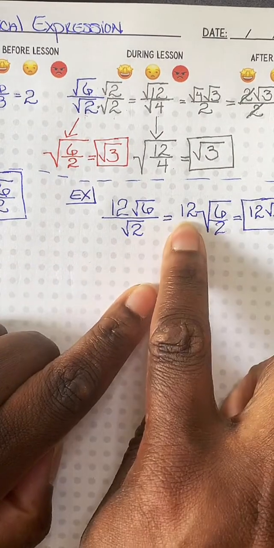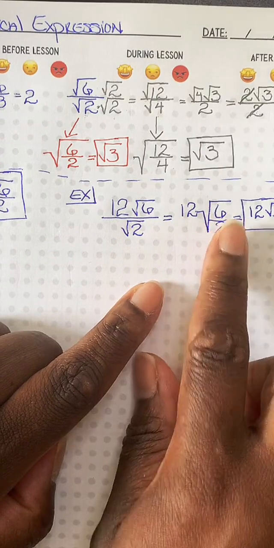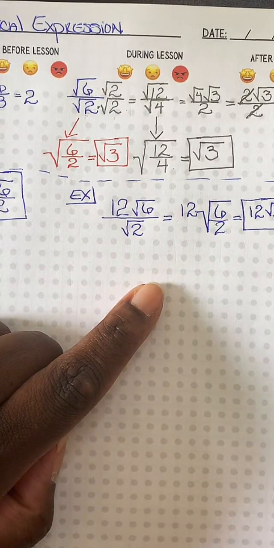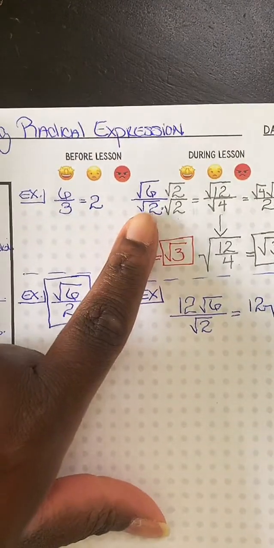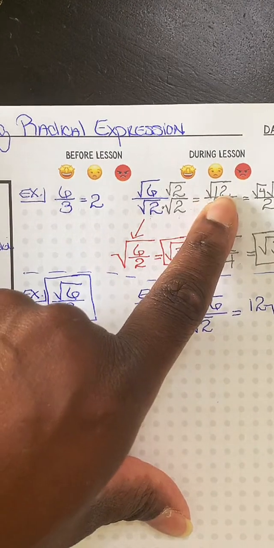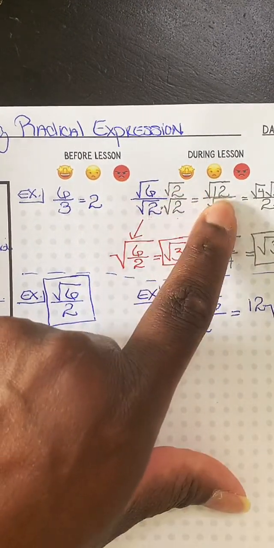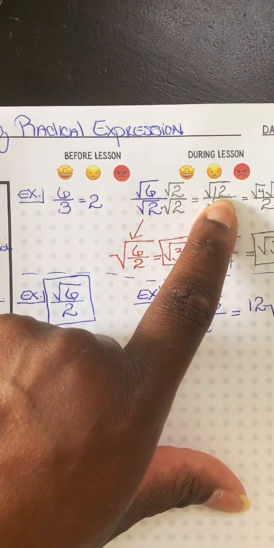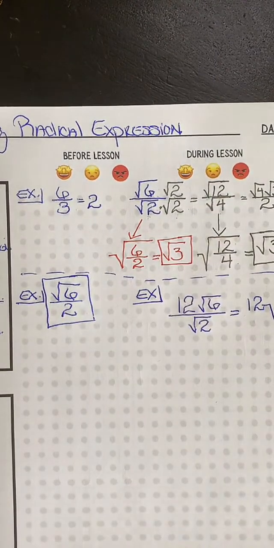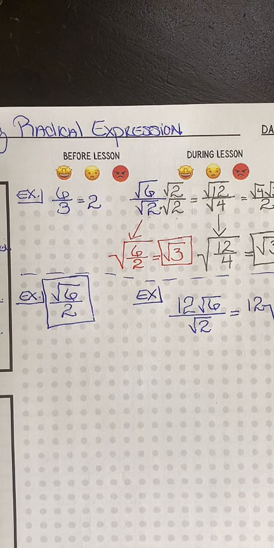So if the 12 was underneath a radical, yes, you can multiply radicals with radicals and whole numbers with whole numbers. Okay, so here it was the square root of 6 times the square root of 2, which gave us the square root of 12. Because you had a square root times a square root, which will give you your answer as a square root. Okay, all right, so radicals with radicals, whole numbers with whole numbers.